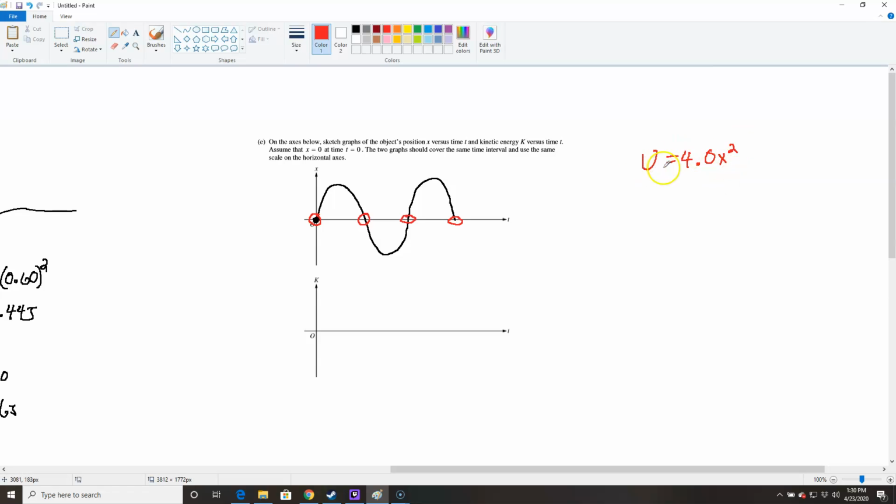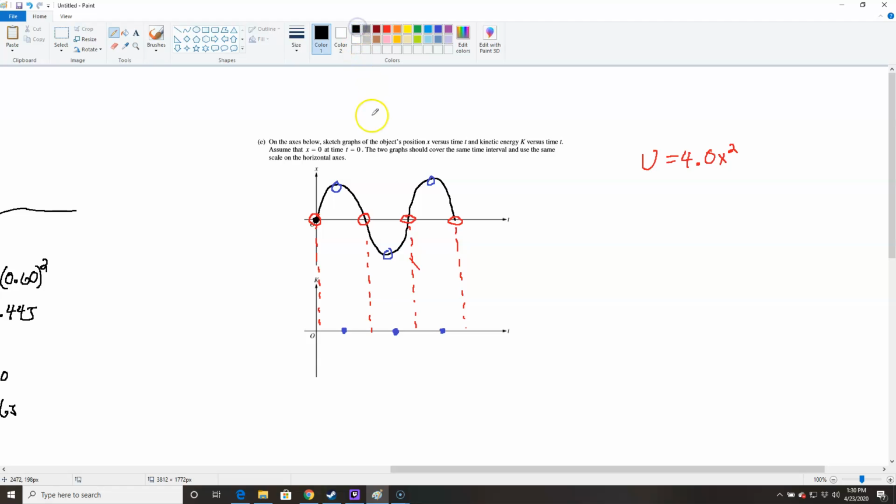So if x is 0, the potential energy is 0, and that would result in a maximum kinetic energy at all of these positions. The other thing worth noting is when this changes direction, which is here, here, and here, we have maximized the potential energy, and therefore we would expect the kinetic energy to be 0.